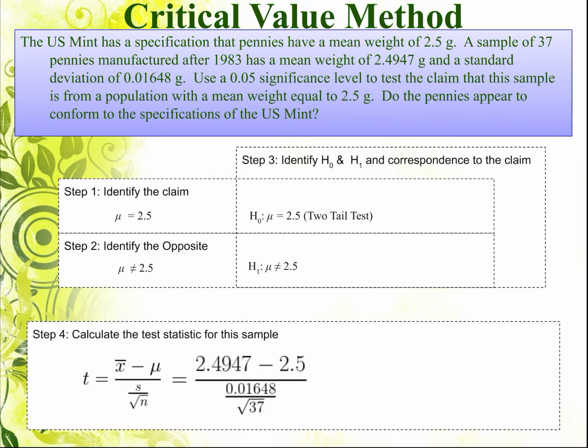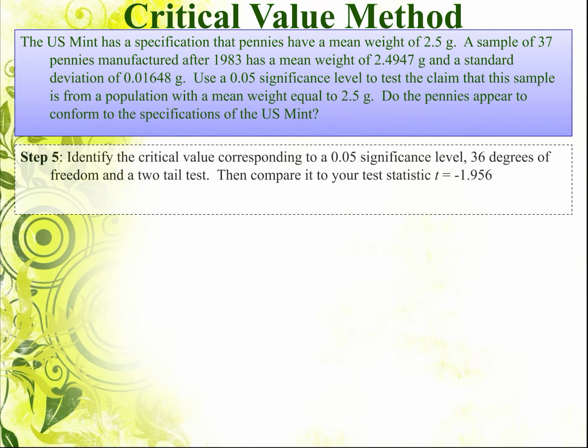Our sample mean was 2.4947, and the population mean was 2.5. The sample standard deviation was 0.01648, and there were 37 pennies sampled. So this gives us a t-value of negative 1.956.